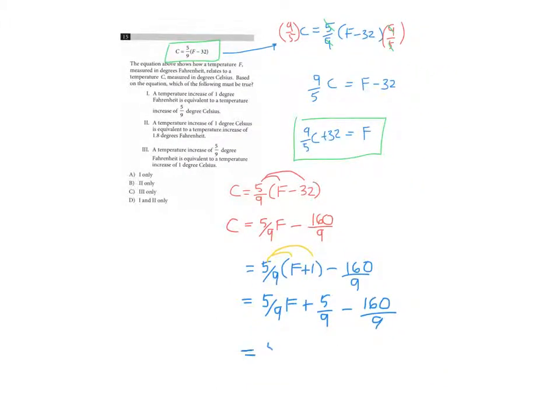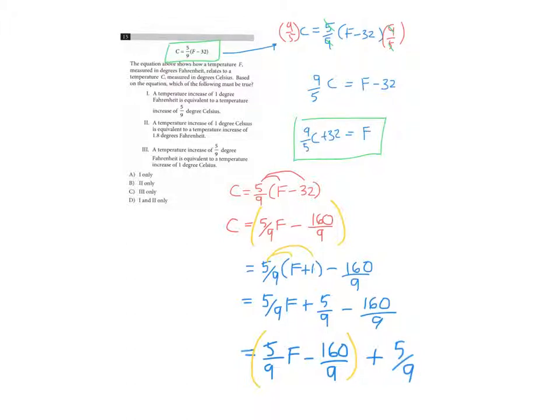Well, that becomes 5 over 9 F minus 160 over 9 plus 5 over 9, right? And basically what you could see is that this part is totally the same as the original part. So this part right here is totally the same as that part, only we're adding 5/9.